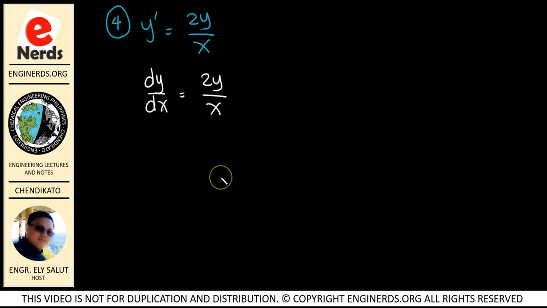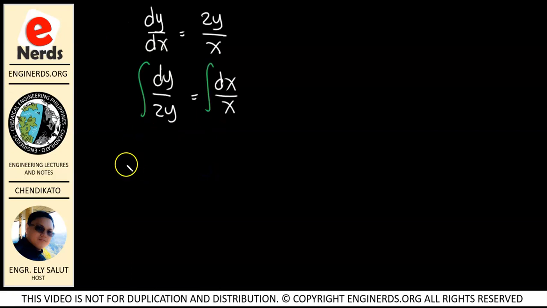So, pagsasama-samahin natin yung x and y papunta sa dy. Ano? So, I will have dy over 2y is equal to dx over x. Okay? So, now I'm going to integrate itong ating mga terms. Okay? So, I will have 1/2 ln of y is equal to ln of x plus c.